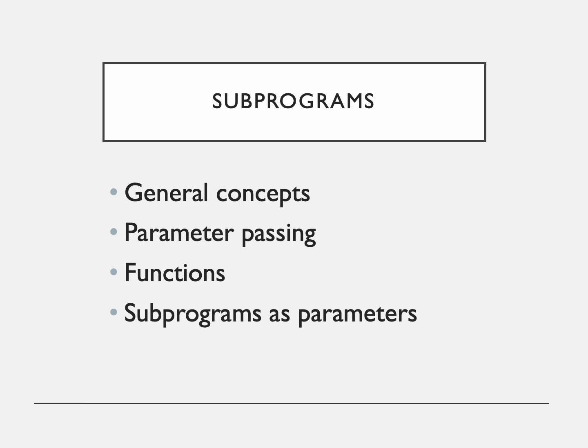We'll learn about parameter passing, which is one of the key aspects of subprograms. Then functions, which are a specific type of subprogram designed to return a single value or result. Then subprograms as parameters, a more advanced use of subprograms that involves passing them as parameters to other subprograms.